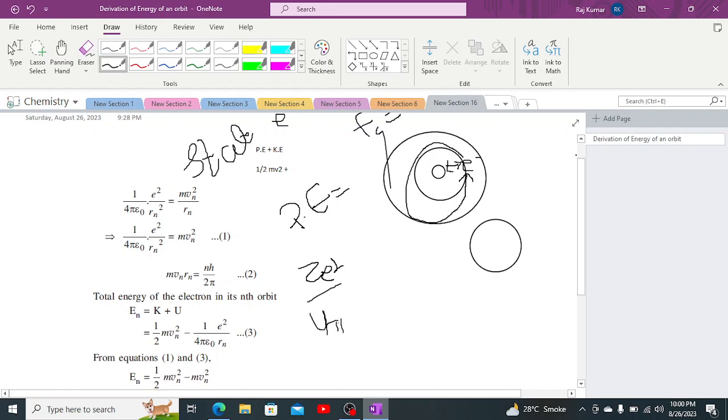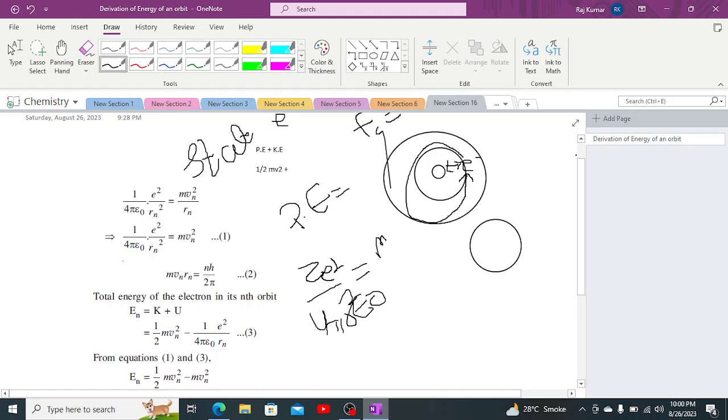Apart from this, we also had the complete value Z square upon 4 pi epsilon naught R square. Let me just write it down. So Z square upon 4 pi epsilon naught R square is equal to what? It is equal to mv square upon R, due to which the final formula ultimately became what?